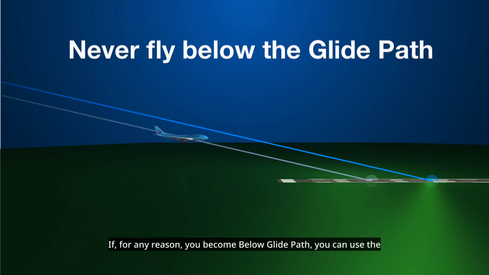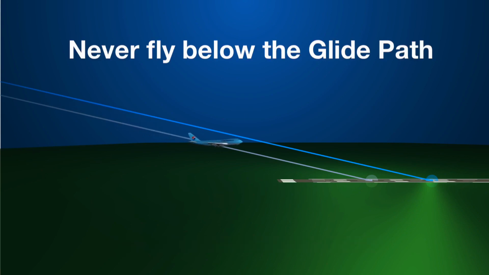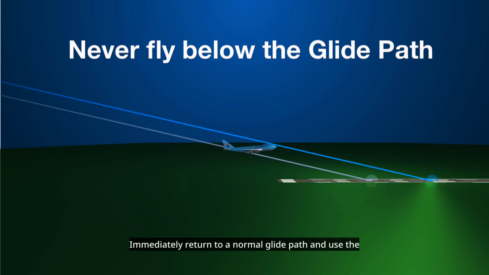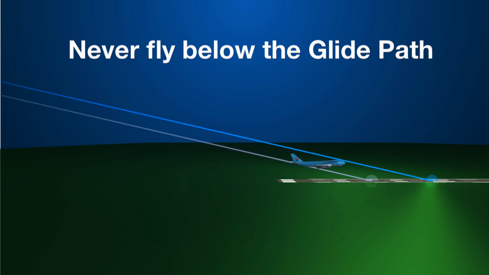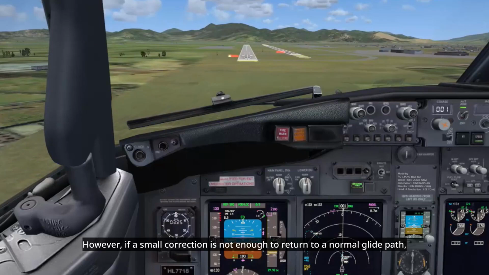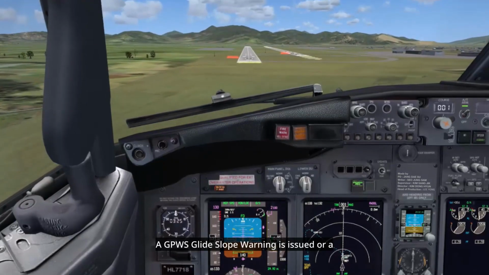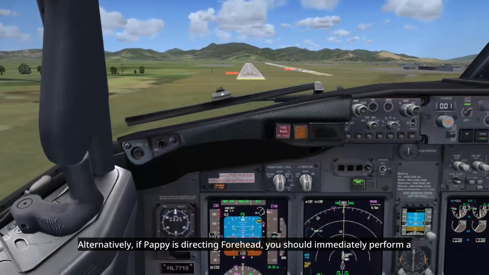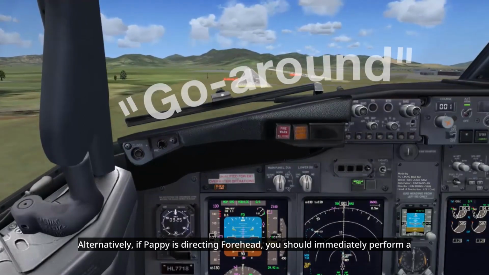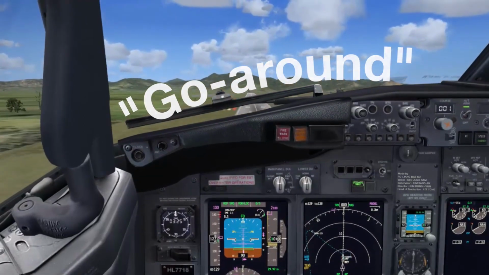If for any reason you become below glide path, immediately return to a normal glide path and keep the original visual aiming point again. However, if a small correction is not enough to return to a normal glide path, or if a GPWS glide slope warning is issued, or alternatively, if PAPI is indicating four reds, you should immediately perform a go-around.